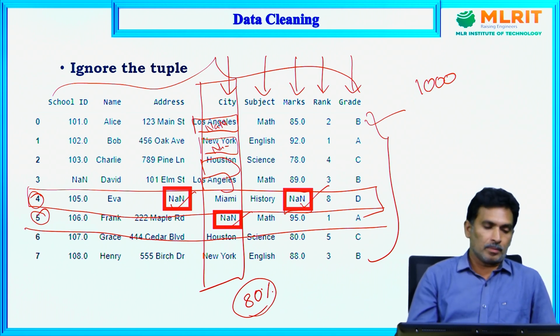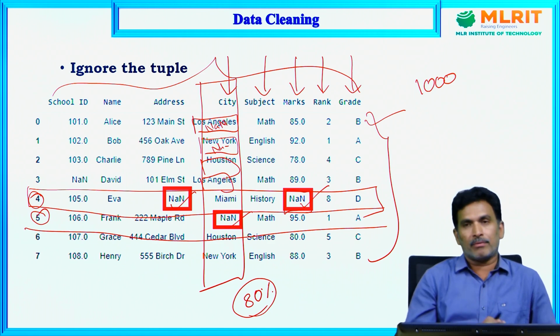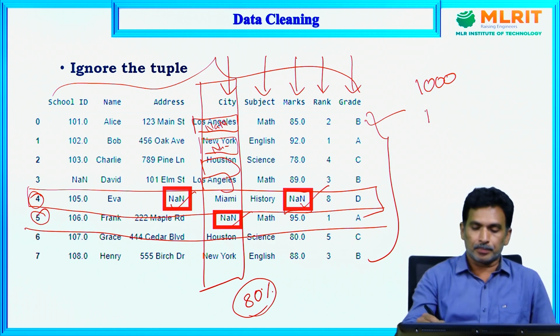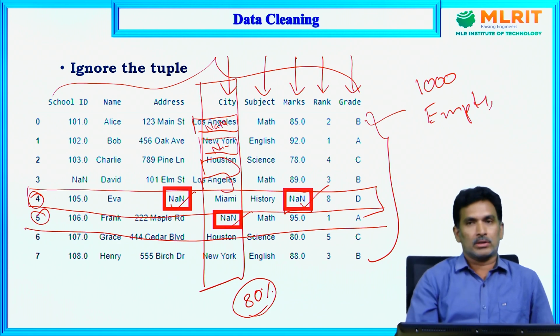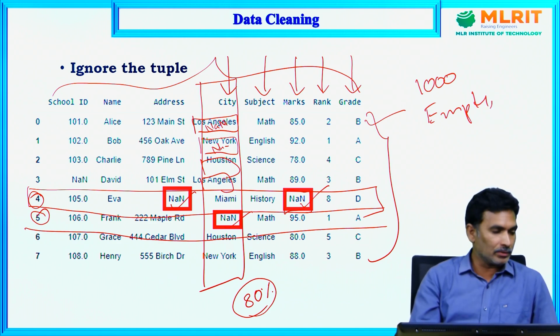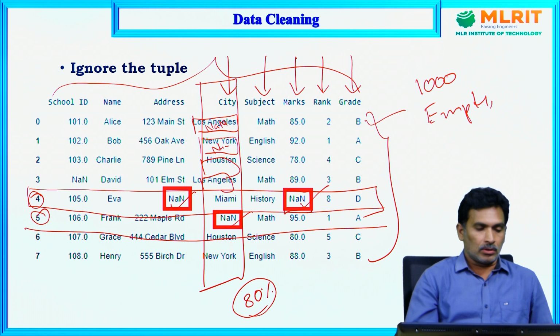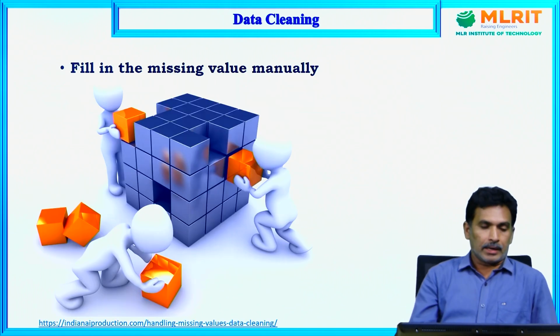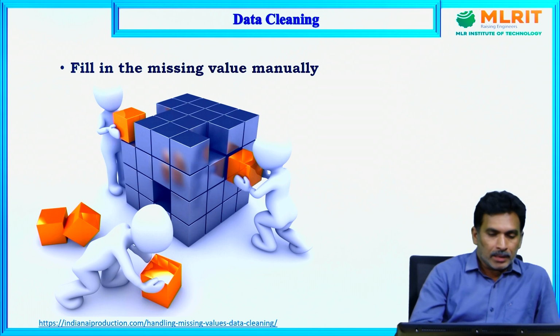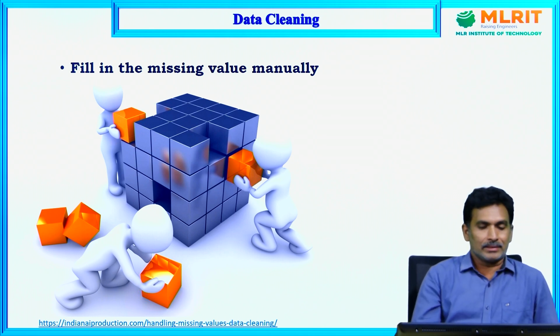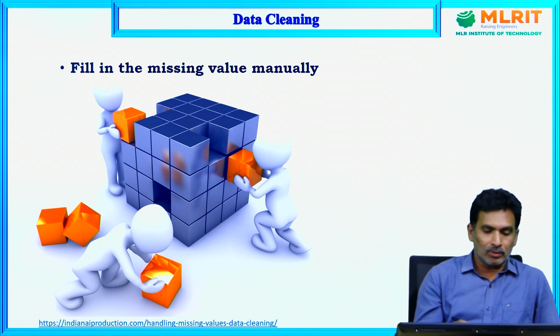If you follow this approach, then we would end up with empty data, because you would delete all the records due to the missing values. So this is not always recommendable. Next, the second method to address missing values is filling the missing values manually.